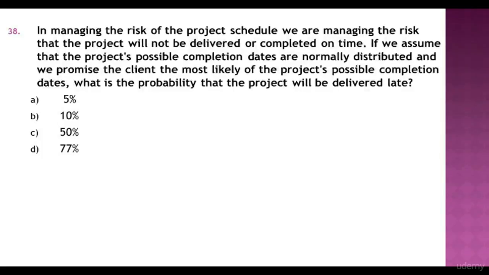If we assume that the project's possible completion dates are normally distributed, and we promise the client the most likely of the project's possible completion dates, what is the probability that the project will be delivered late? 5%, 10%, 50%, 77%. Answer C is a correct choice, 50%.